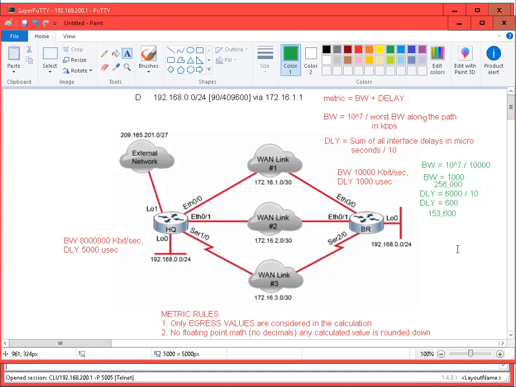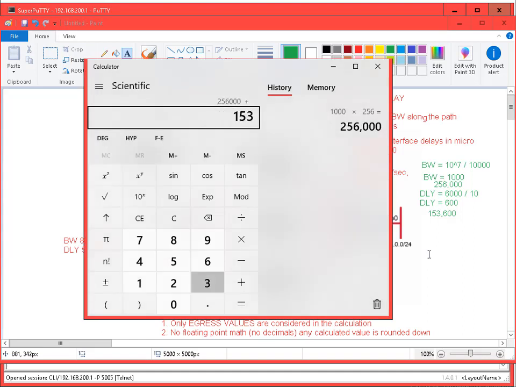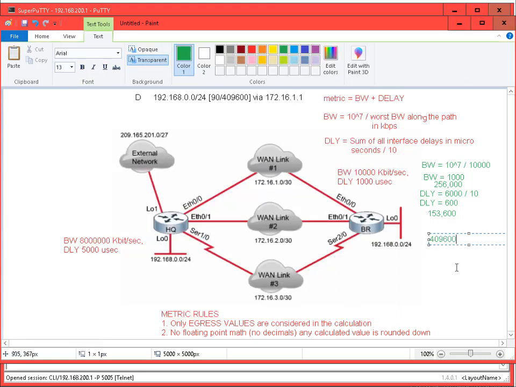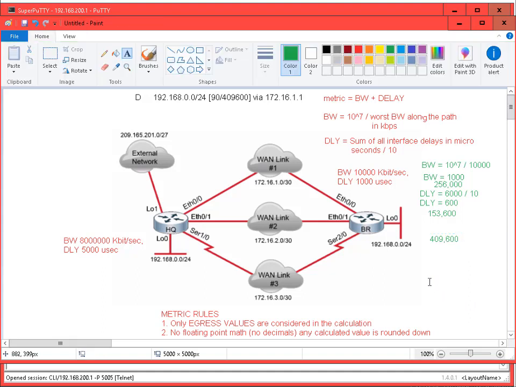So 256,000 plus 153,600. And how about that? 409,600, and that's exactly what we have for our metric. So I apologize. I skipped ahead a little bit and didn't do my math the correct way, but that's how we got the metric. 409,600 makes perfect sense.